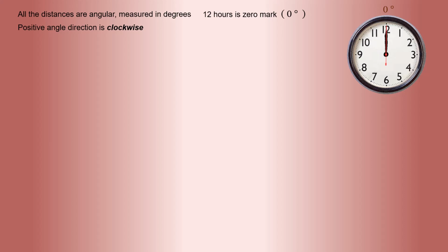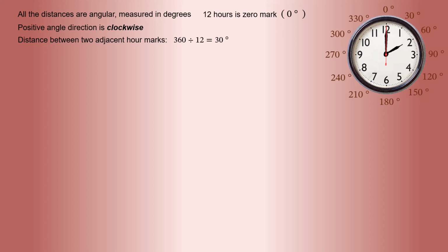The whole clock dial is of course 360 degrees, so the distance between two adjacent hour marks is 360 divided by 12, which is 30 degrees. Thus, 1 hour corresponds to 30 degrees, 2 hours to 60 degrees, and so on.